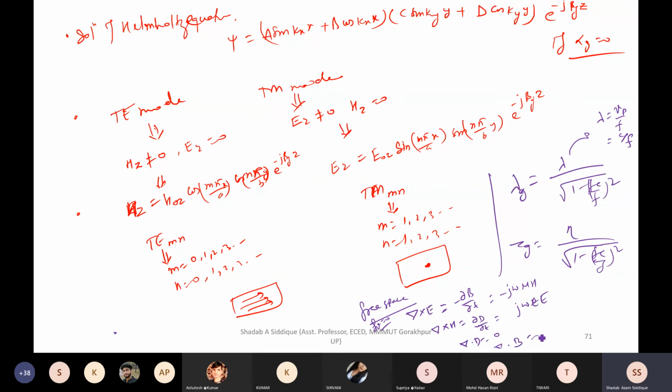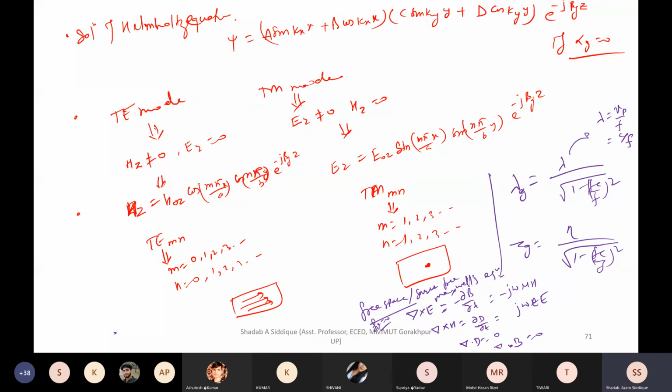So this is for the source free region, free space. These are Maxwell's four equations.